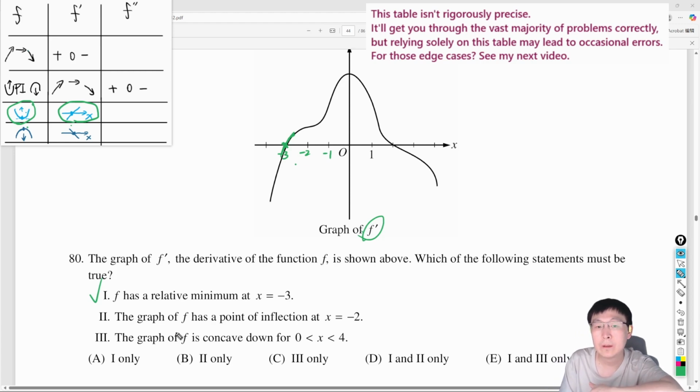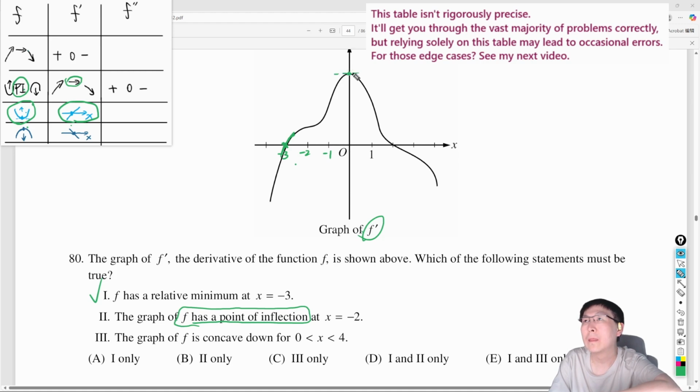Number 2. Point of inflection of f matches where f prime changes trend. That means we need to find where f prime turns from increasing to decreasing, or from decreasing to increasing, or where f has a flat horizontal. In this case, that is x equal to 0.